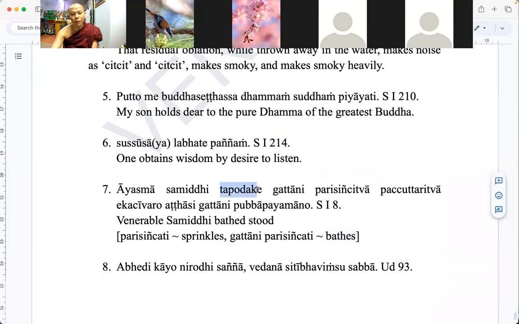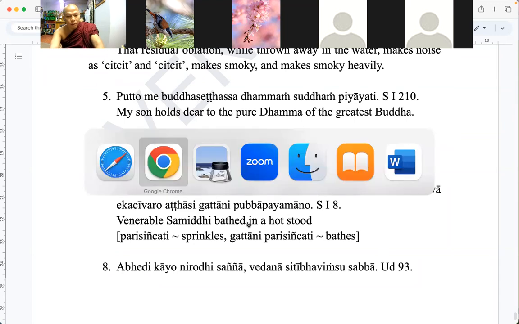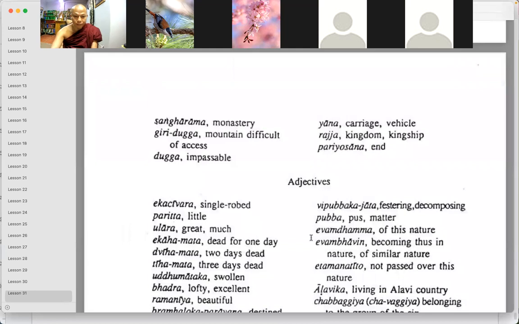So that is why bathe, where the bathe is in a hot spring, the hot spring.